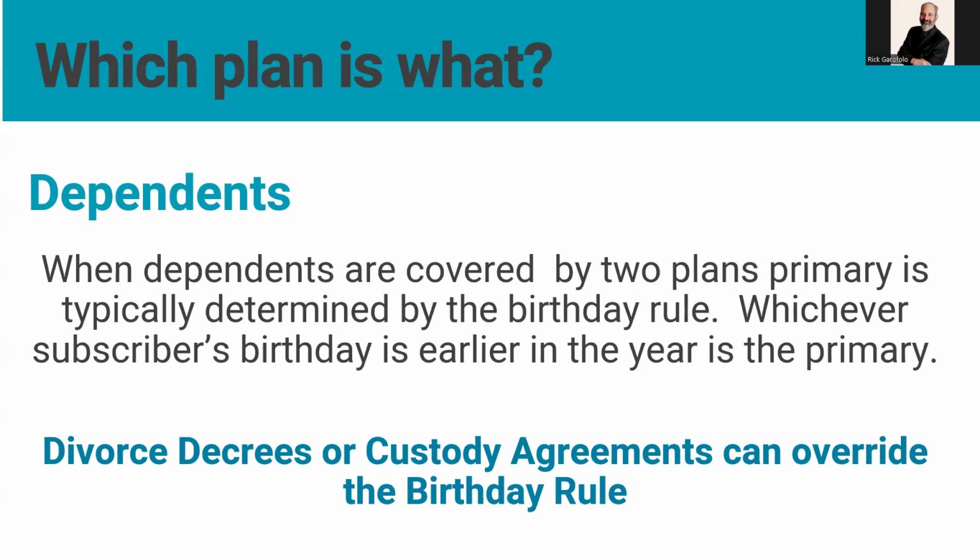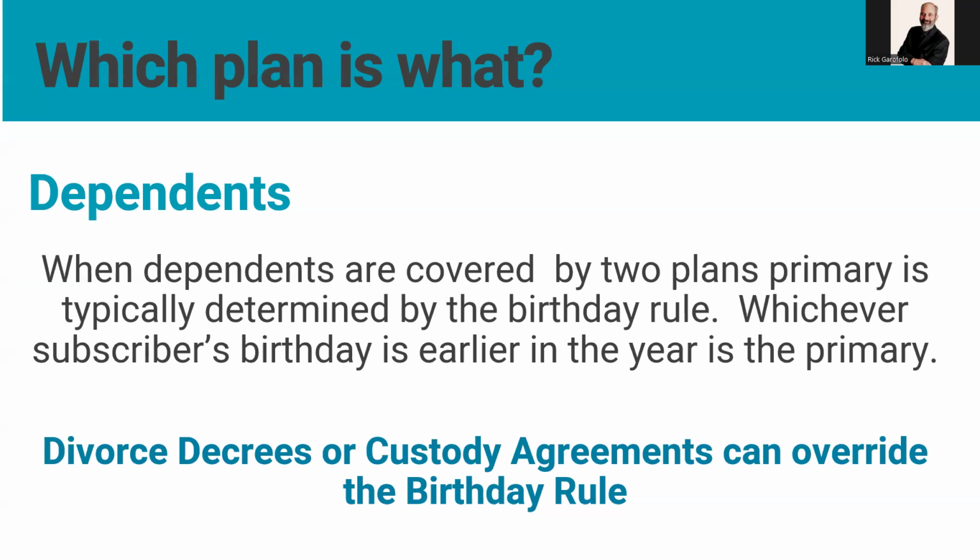The birthday rule says whichever subscriber's birthday is earlier in the year is the primary. So dad could be 10 years older than mom, but mom's birthday is in February and dad's birthday is in August. So that means the mom's plan will be the primary for those children the majority of the time.